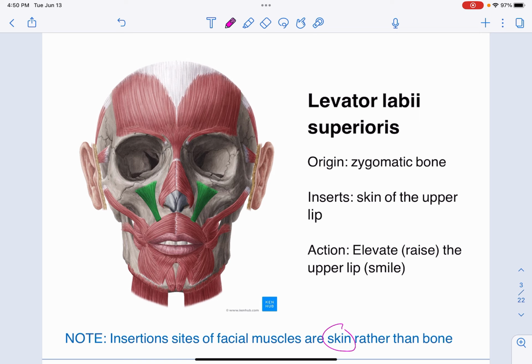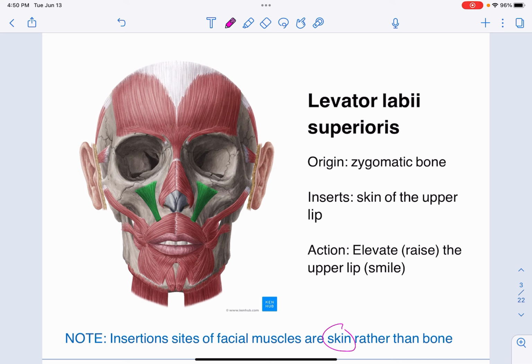But in this case, and only in this case, the facial muscles will insert into skin because that is what is going to move, maybe our mouth, so that we can create a smile or talk or show any kind of emotion. That is the major difference between muscles of facial expression and all other muscles.